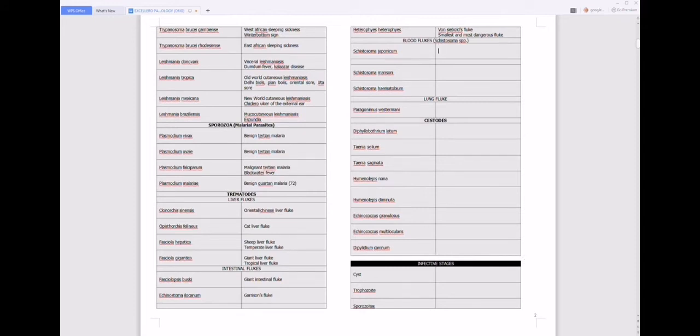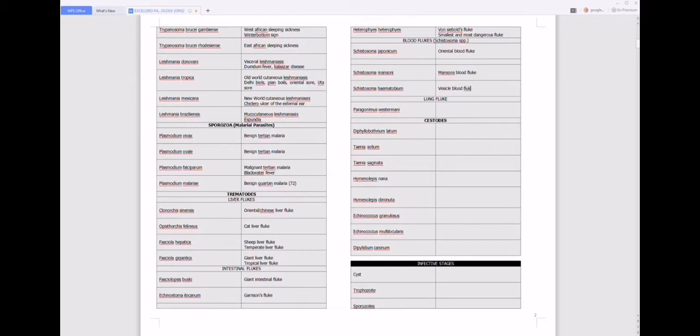So Schistosoma japonicum is the oriental blood fluke. Japan, oriental, di ba? Japanese, Oriental. Next, Schistosoma mansoni, Manson's blood fluke. Di ba? Madali lang siya. Okay. Schistosoma haematobium, vesical blood fluke.